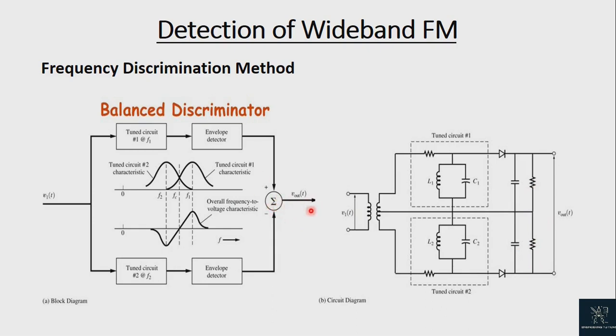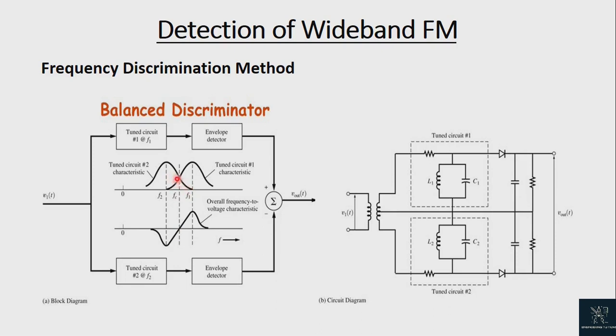So when the instantaneous frequency is equal to the carrier frequency fc, the gain of the first tuned circuit is the same as the gain of the second tuned circuit. The output of the envelope detector will be the same and the output will be 0. When the instantaneous frequency is greater than the carrier frequency, the gain of the first tuned circuit is greater than the second tuned circuit.